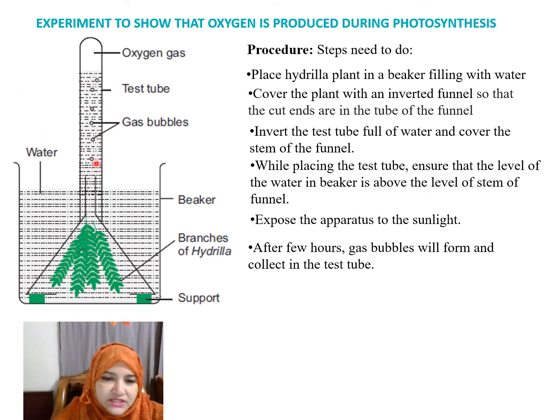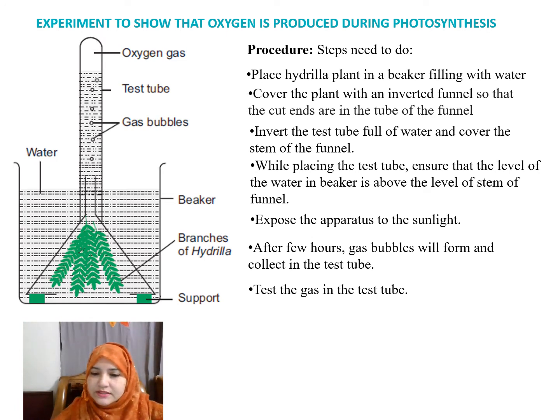Look at this picture, here you can see the bubbles. These gas bubbles are collected in the test tube, and then after some time we have to test the gas in the test tube.